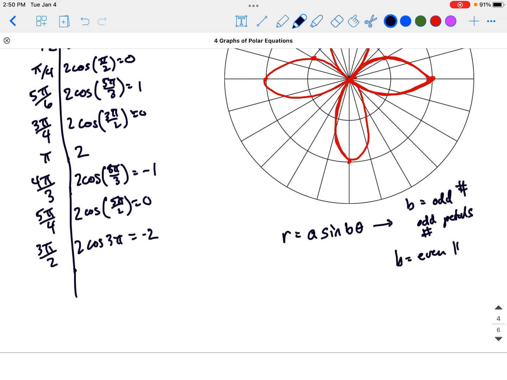If beta is even, we're going to have 2 times the even number of petals. So really cool graph. The graph would be like r is equal to something like 2 sine 4 theta, which is going to have 8 petals, or 8 theta, or 16 theta. So you'll see quickly how cool and interesting these graphs can get.